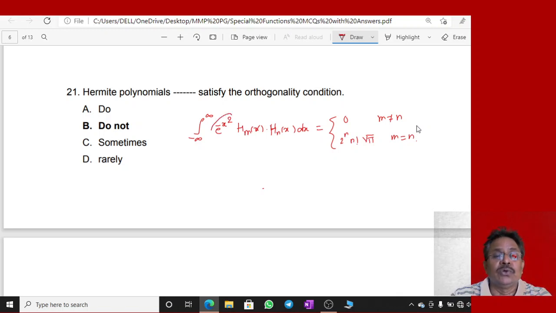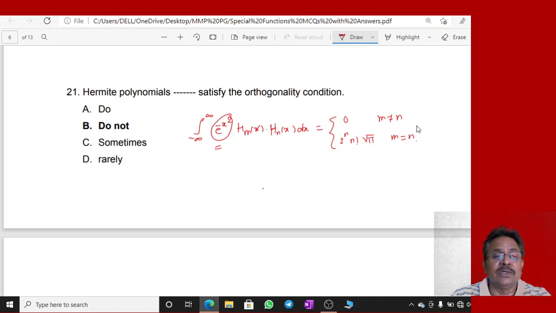So if we don't use this factor, then the integral from minus infinity to plus infinity of Hm of x multiplied by Hn of x into dx gives neither this 0 nor this value, and that's why this orthogonality condition is not satisfied unless we multiply this integral by the factor e raised to minus x square. So in normal conditions, Hermite polynomials do not satisfy the orthogonality condition.